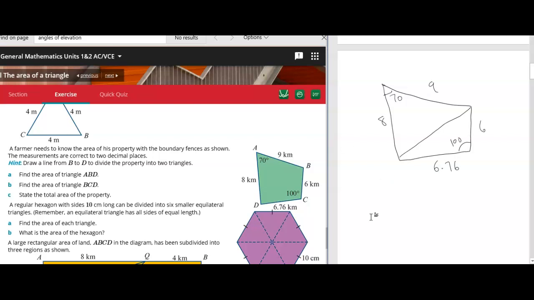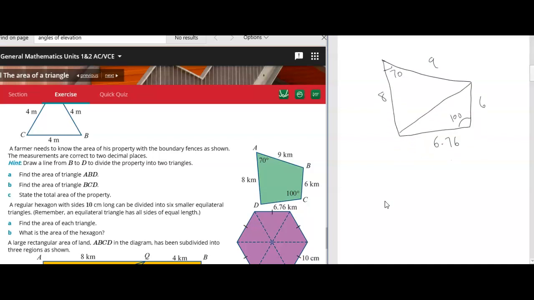Now you would use, for both, you can separate your triangles. So that's 100, 6, 6.76. And this one here, we've got 70 and 9. And you're just going to use half BC sine A for both of them.